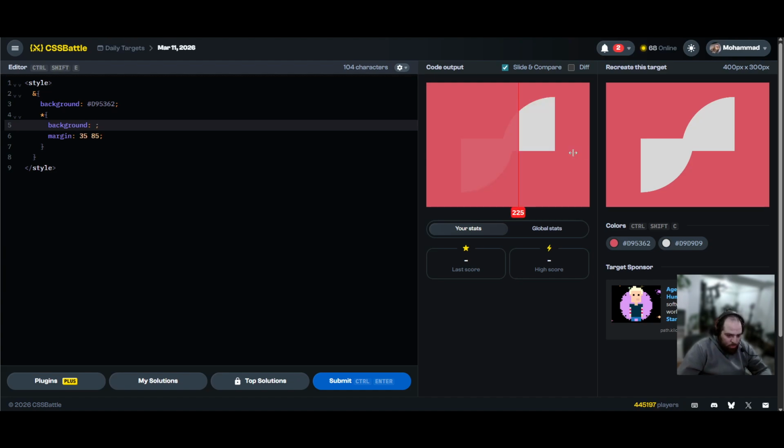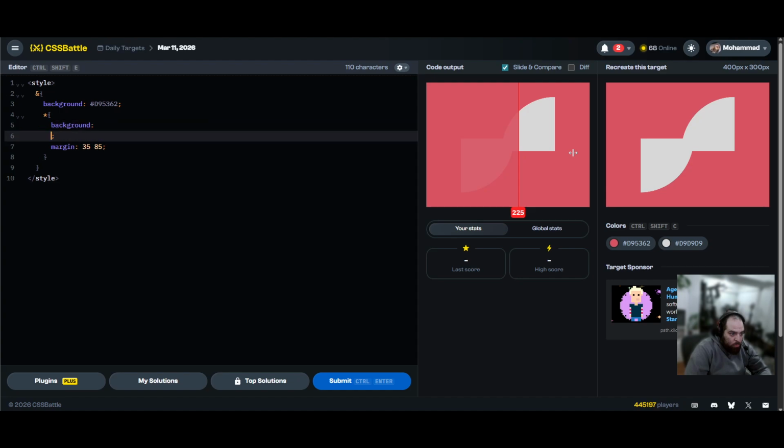So 130 would be, okay, let's go radial gradient, and we'll do #D9D9D9. First of all, #D9D9D9, comma, #D9D9D9, and then we have 130px, right? And then we follow it by "at". That's fine.